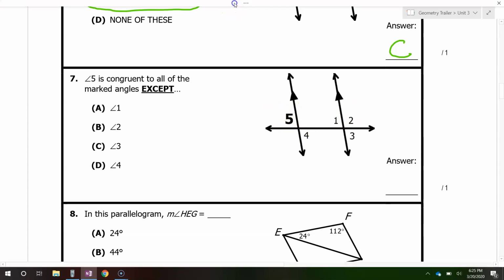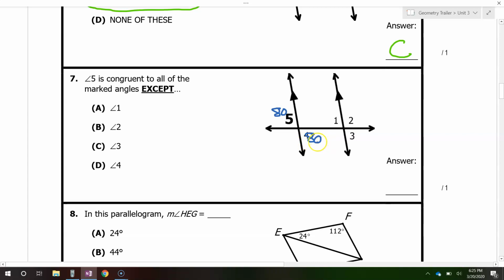So let's imagine that this acute angle is 80. All right, imagine that angle 5 is 80. Let's look for all of the angles that would be 80. Well, angle 5 and angle 4 are vertical angles. So that means angle 4 would also be 80.